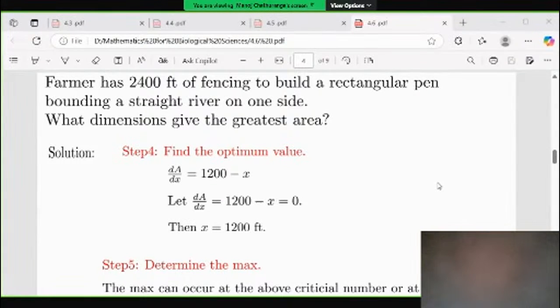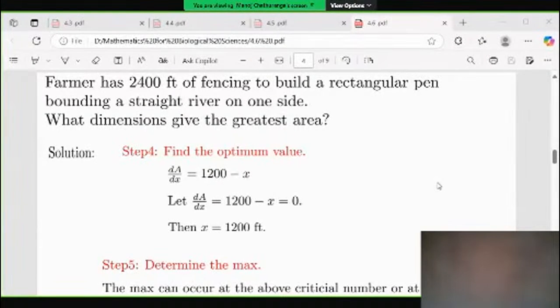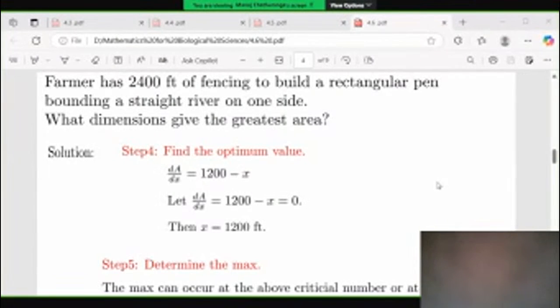So identify the function, identify the variables, identify the constants. Once you have all these things in place, find the domain of the function, check the derivative. Also check the second derivative. Sometimes you might find some interesting things. Depending on the problem, you might also want to look at asymptotes or some limits.